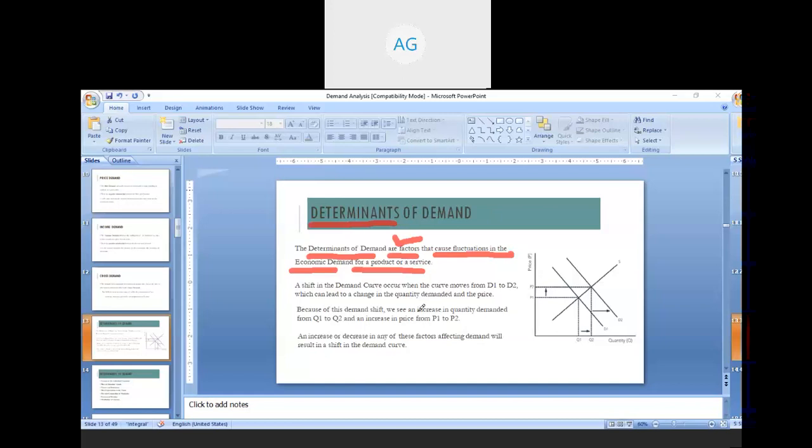As you can see from the diagram, a shift in the demand curve, in this diagram, in the x-axis, all of you see this diagram clearly, or can I enlarge it so that you can see clearly? Just write in the chat box.